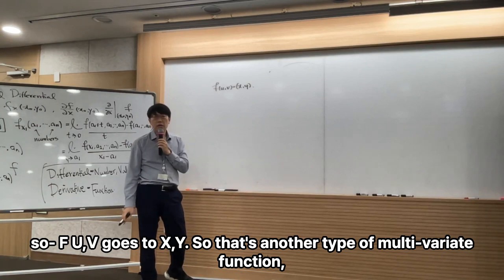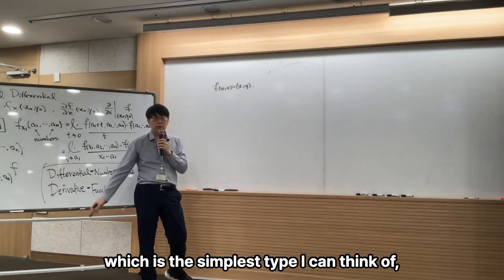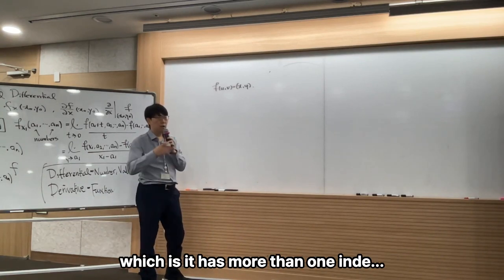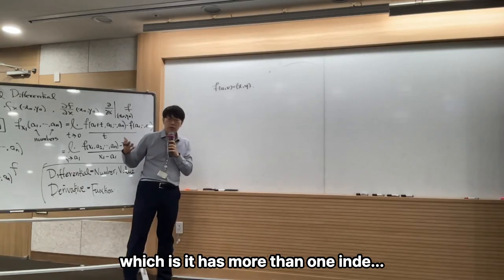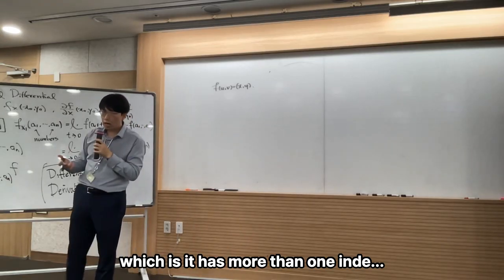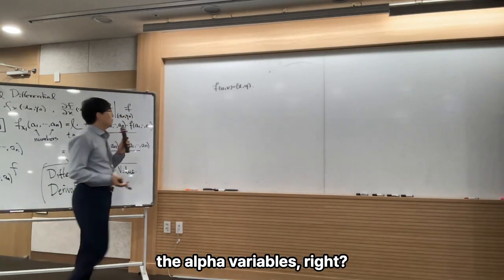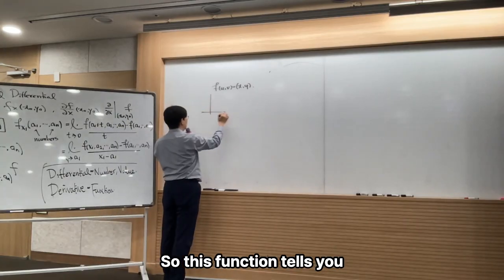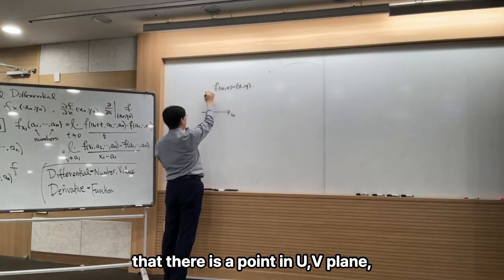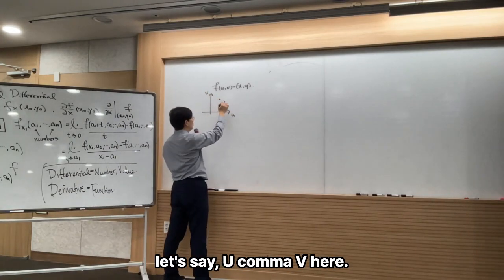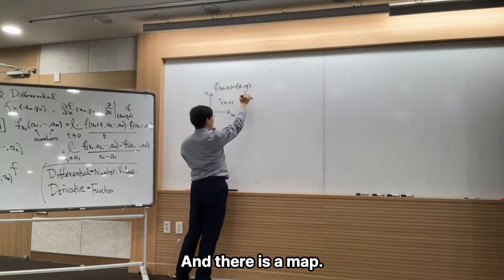That's another type of multivariable function, the simplest type I can think of, which has more than one independent variable and more than one output variable, right? So this function tells you that there is a point (u, v) in the UV plane, and there is a map.